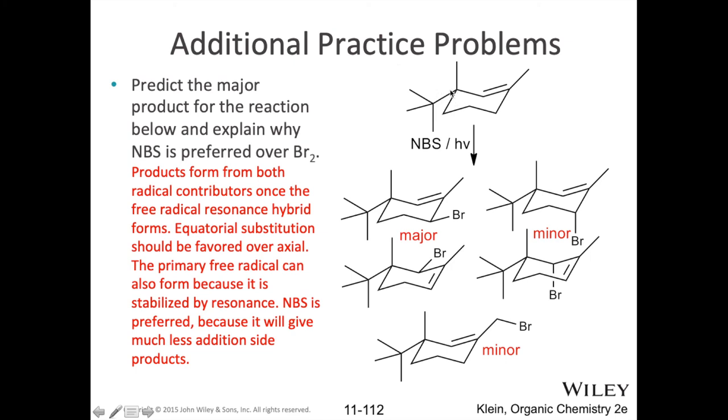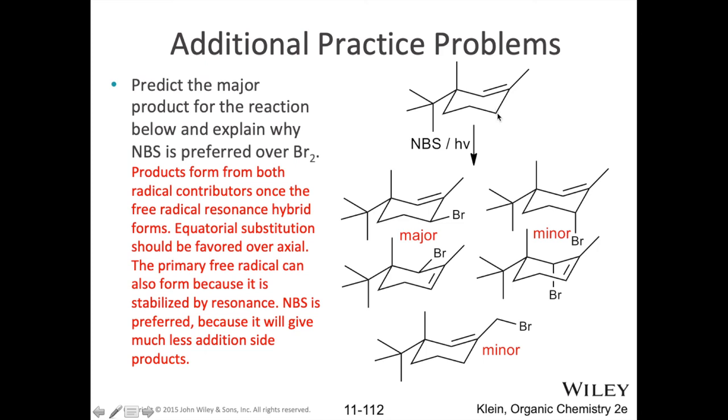Not over here on the left, because there's no hydrogen to abstract there, so that's not going to form. But we have an allylic position on this carbon up here, and an allylic position on this carbon down here. Out of those two positions, this one's probably preferred because it's a secondary site as opposed to this primary site. So you're going to form a secondary radical that is in the allylic position.